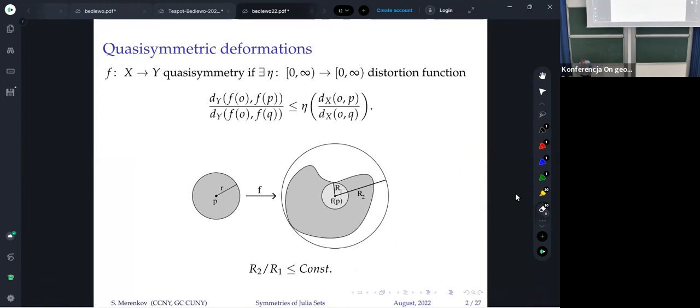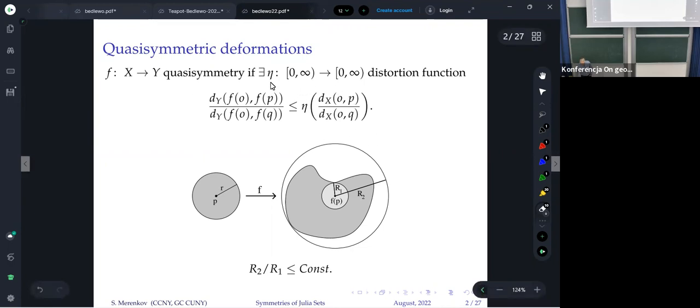And quasi-symmetry, just to remind or maybe to tell if you don't know: X and Y here are metric spaces, and a quasi-symmetry is a homeomorphism between metric spaces which has the following property.